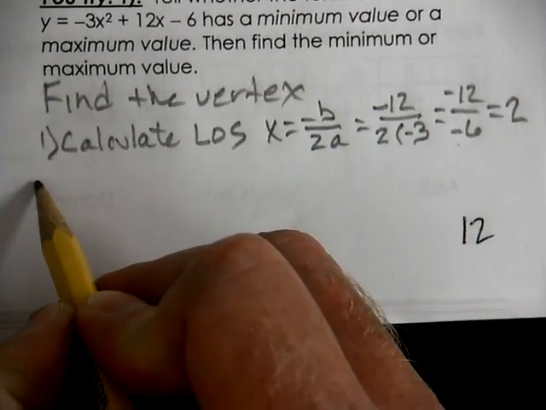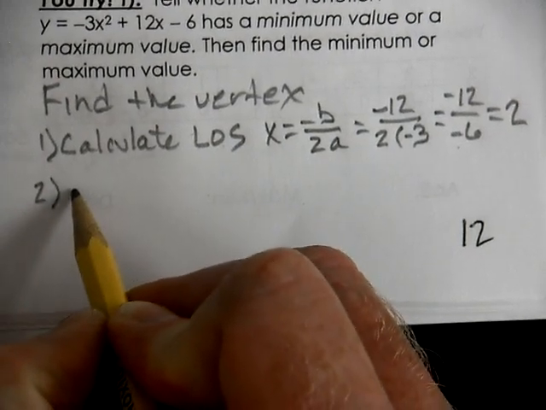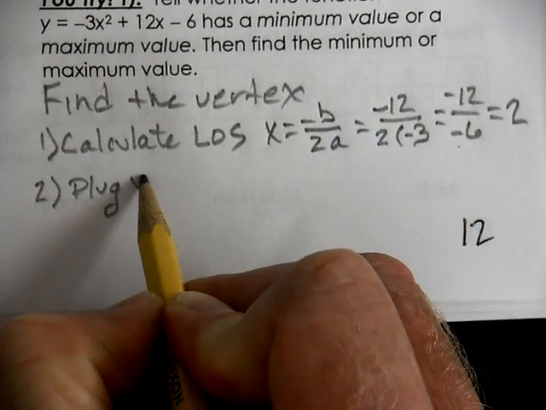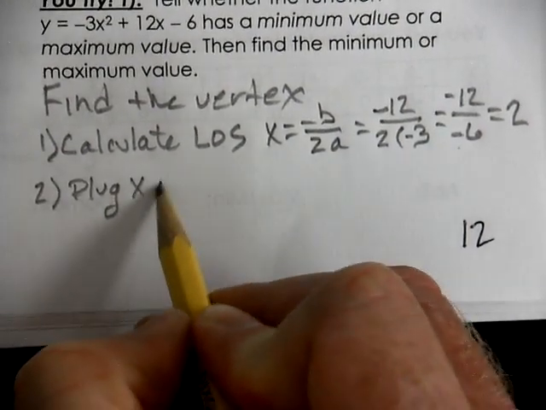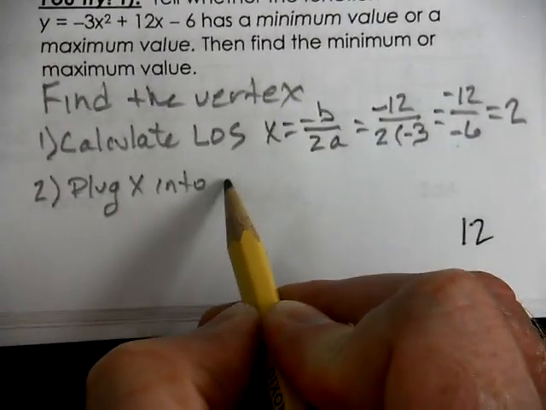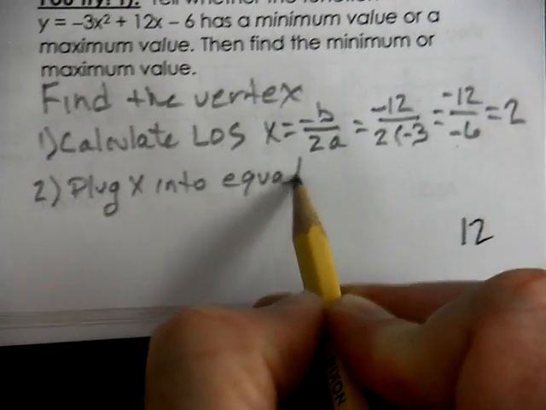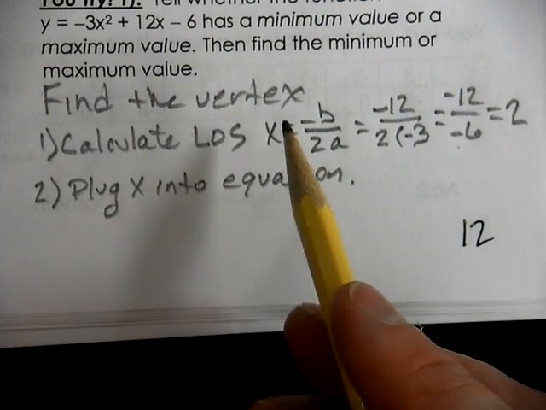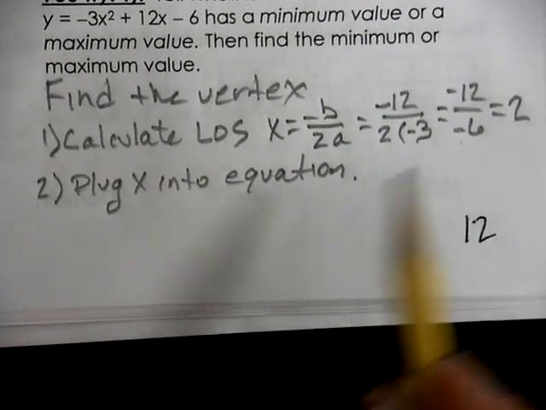Now we're going to plug it back in. Our x value for the line of symmetry is 2.